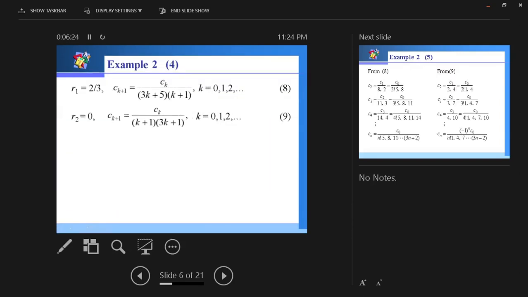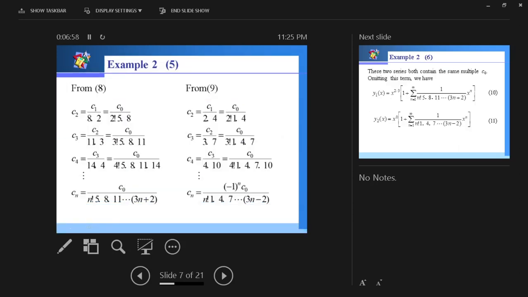For r_1 = 2/3, c_(k+1) = c_k over (k+1)(3k+5), k = 0, 1, 2. For r_2 = 0, c_(k+1) = c_k over (k+1)(3k+1), k = 0, 1, 2, and so on.